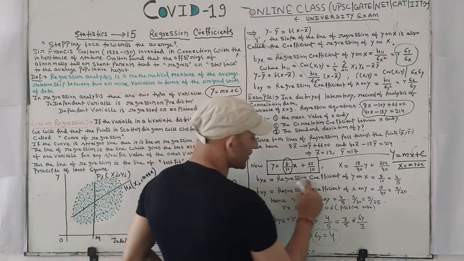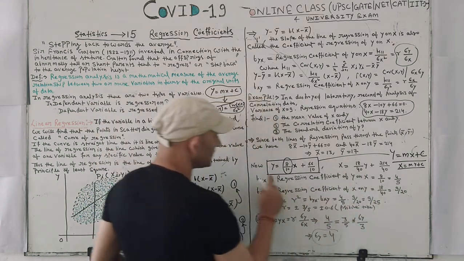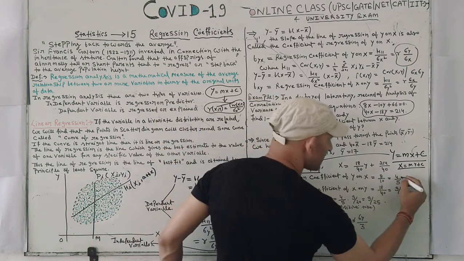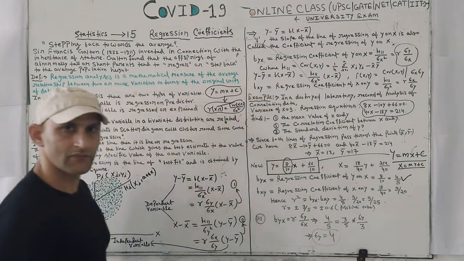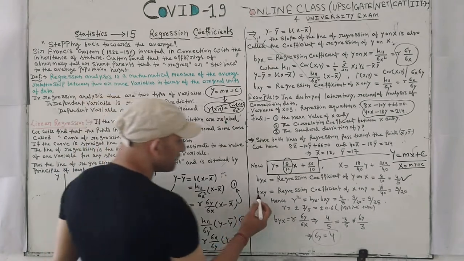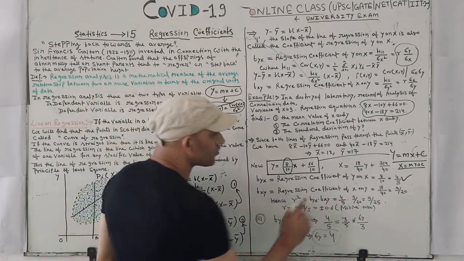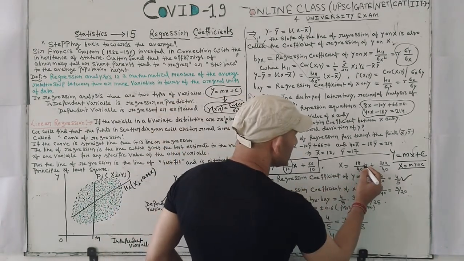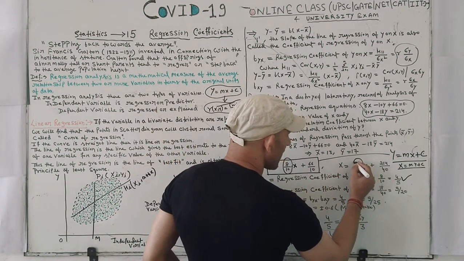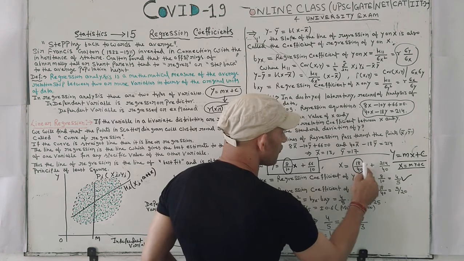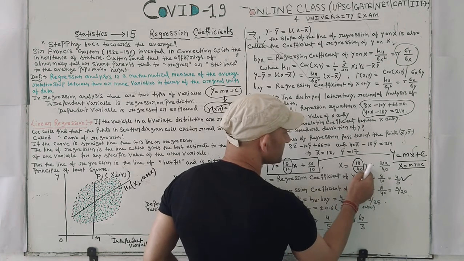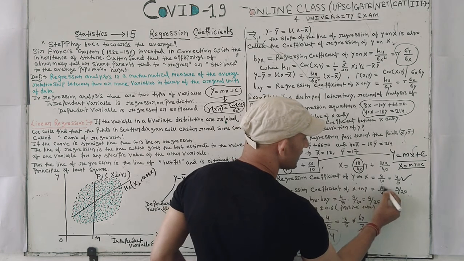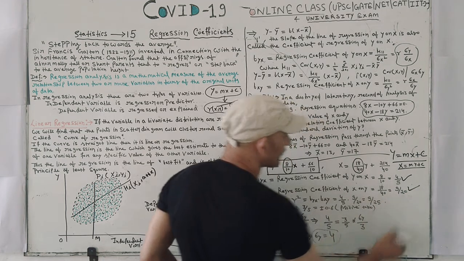So the regression coefficient of y on x is 8 upon 10, which is 4 upon 5. Very simple. Bxy is the regression coefficient of x on y. Now the coefficient of y is this, so this value will cancel, and then you will get 9 upon 20.